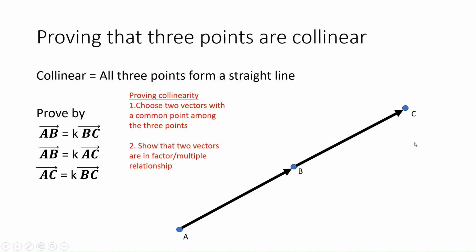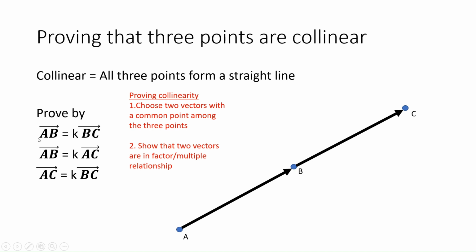Choose two vectors with a common point among the 3 points. First, let's say I choose the point B. Then I'm going to use vector AB and vector BC. Can you see that AB and BC have a common point B as vectors? Yes.